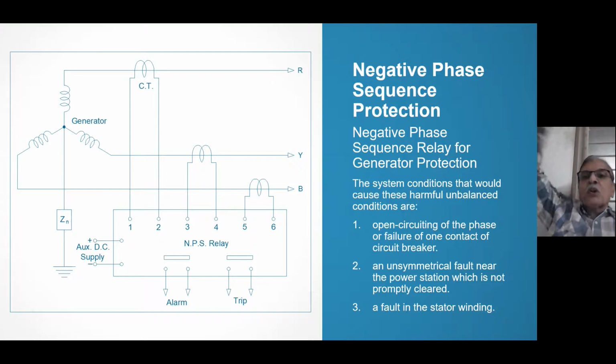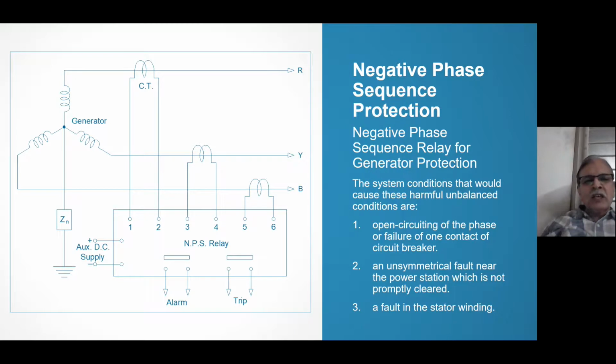On that line, if any unsymmetrical fault is there, that is taken care of by overcurrent and earth fault protection, and by distance protection. If it fails, then overcurrent and earth fault protection is there as the backup. If it fails, then in the transformer secondary there is backup overcurrent. If that fails, that means 3 lines of protection fail, then it comes to negative phase sequence protection.